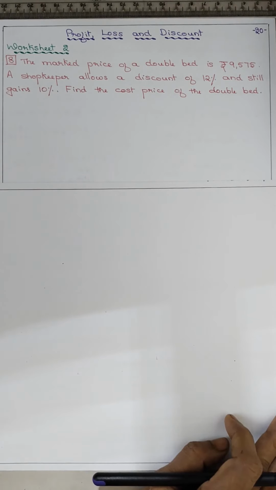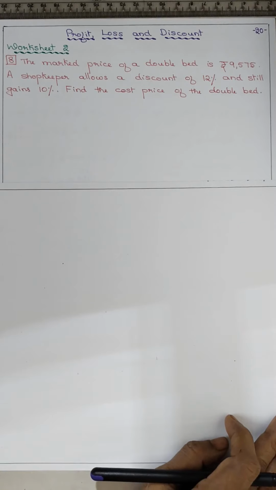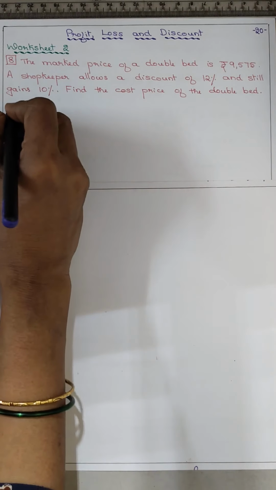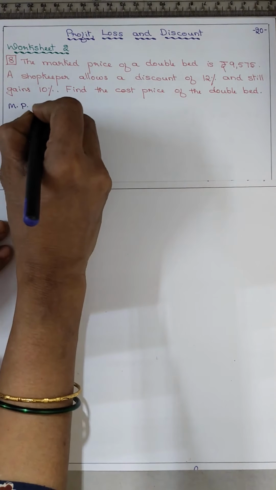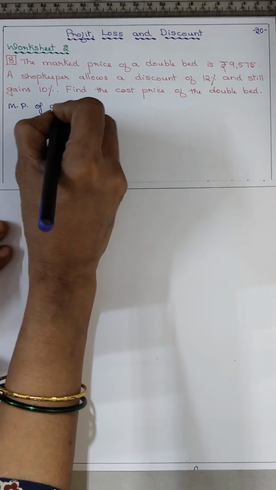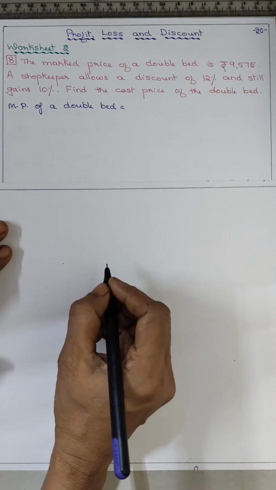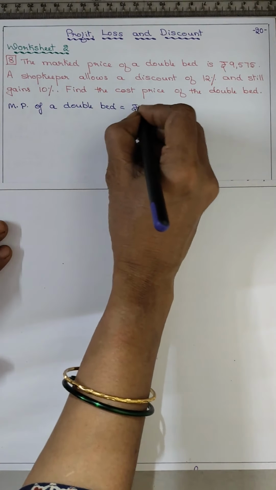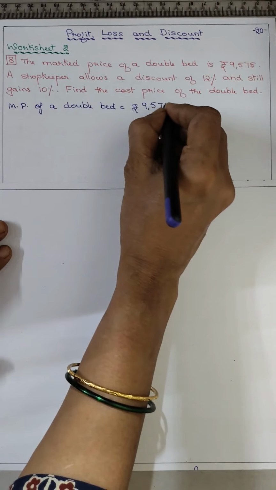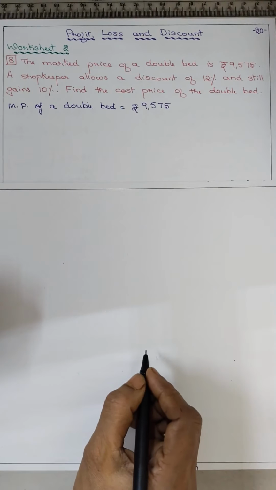Just like the earlier sum, the 7th sum, hope you remember. The marked price is given, discount percent is given, profit percent is given, and find out the CP. So, MP of a double bed is equal to rupees 9,575.